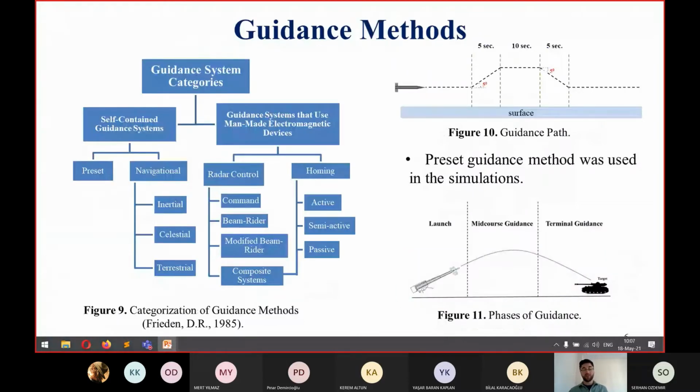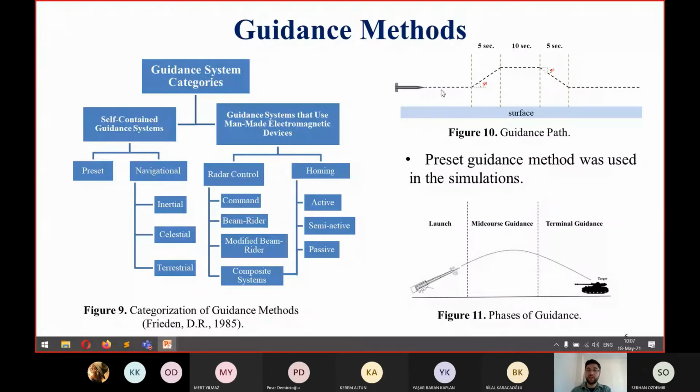Now, I want to talk about guidance methods. As you see, we can group guidance under two main categories: self-contained guidance systems and guidance systems that use man-made electromagnetic devices. In my thesis, I use the preset guidance method. I planned a guidance path, as you see in figure 10.